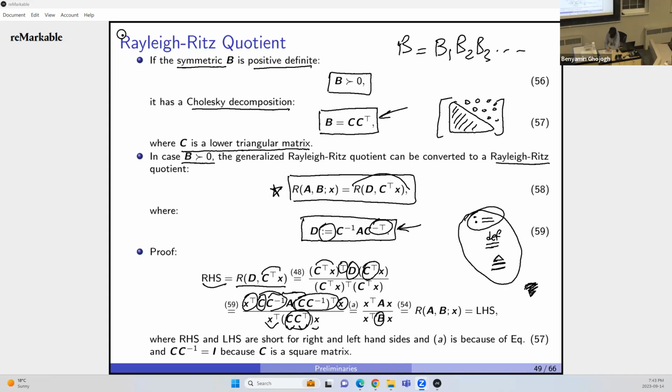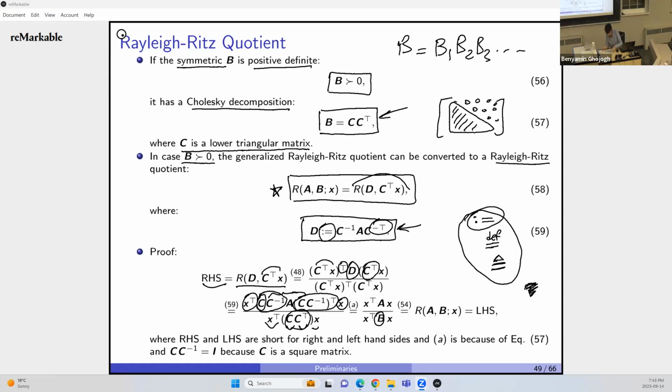And these C and C inverse cancel each other. And these C and C inverse also cancel each other. You understand why they cancel each other? If it was C inverse C, you would say it's identity, right? But why is C C inverse also identity? Because it's a square matrix.